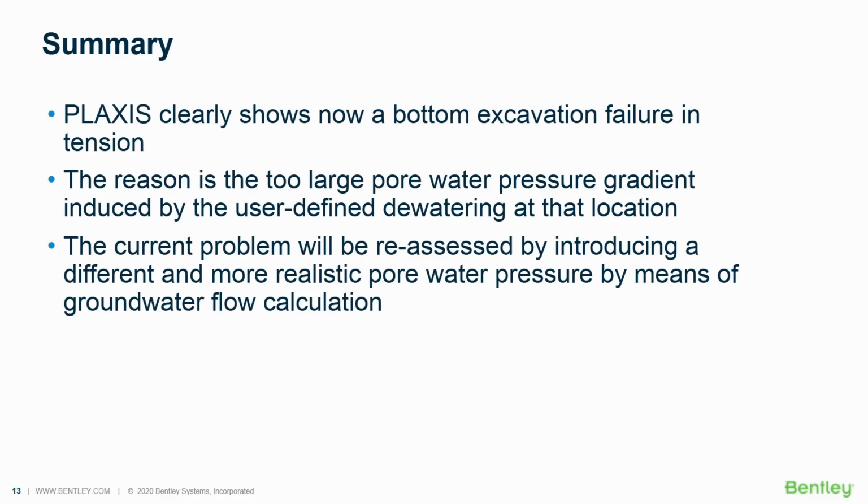In this first example, where water has been modeled through phreatic level, we have clearly shown a bottom excavation failure in tension. The reason for that was the too large pore water pressure gradients induced by the user-defined dewatering at that location, as I already previously mentioned. And that's the reason why we reassessed the example by introducing a different and more realistic pore water pressure distribution by means of a groundwater flow calculation.